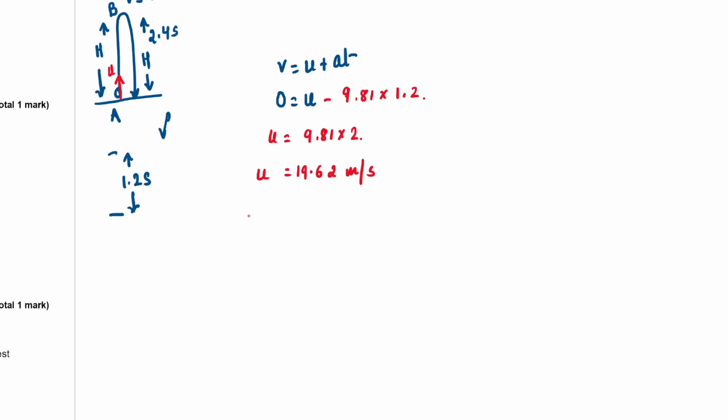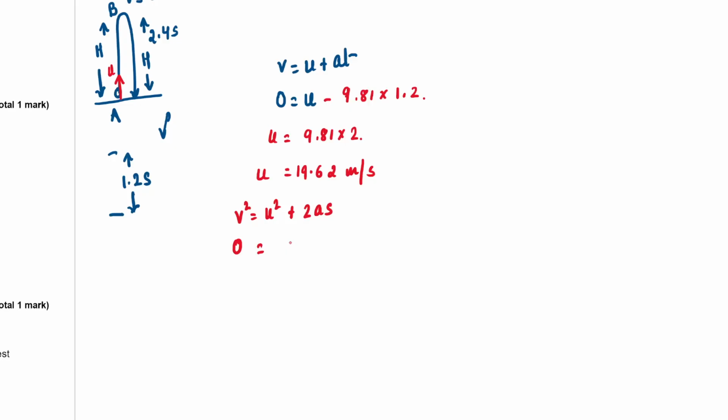And then we can calculate the maximum height using this equation. Yes, final velocity is 0. Initial speed is 19.62.